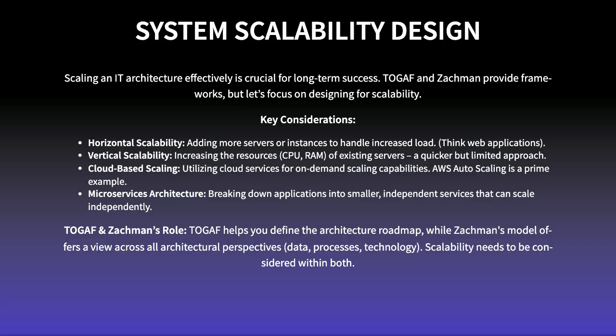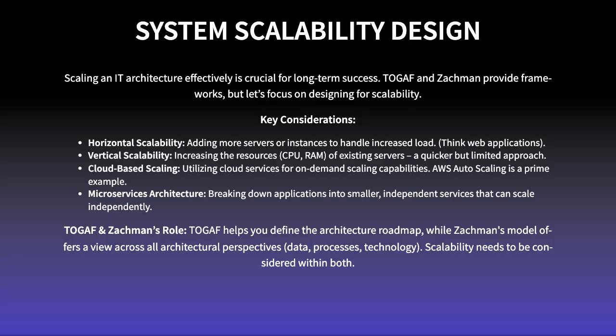Basically, you need to think about whether you'll be adding more machines, horizontal scaling, or beefing up existing ones, vertical scaling. Cloud services offer incredible flexibility with auto-scaling capabilities. And the modern approach, like microservices architecture, allows individual parts of your application to scale independently, really powerful.